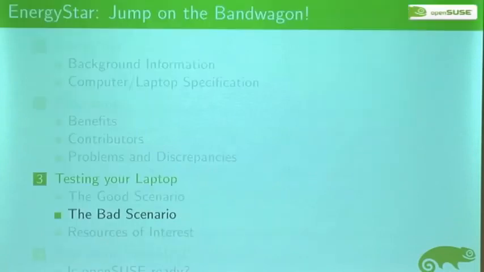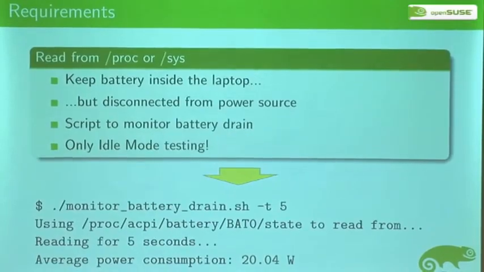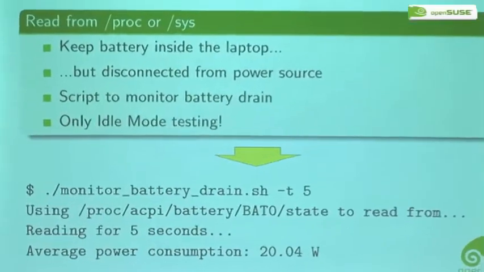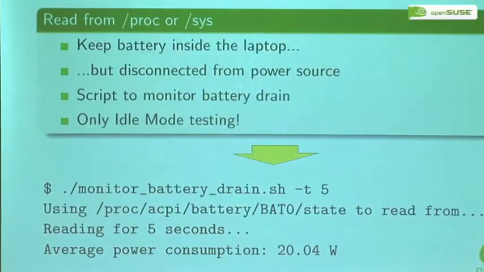So that's also the bad scenario, and that's really just for fun if you want to give it a very quick glance. In this case, you just read the battery drain from a file system, procfs or sysfs. For this setup you have to keep the battery in place and disconnected from the power source.